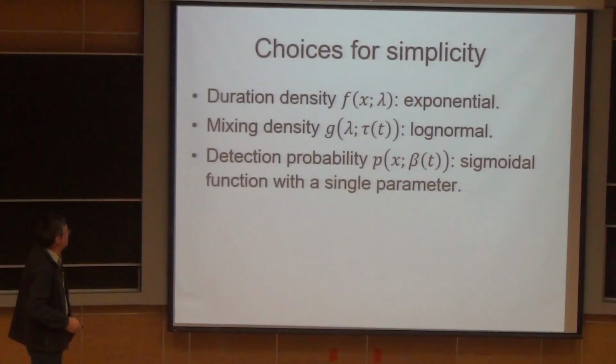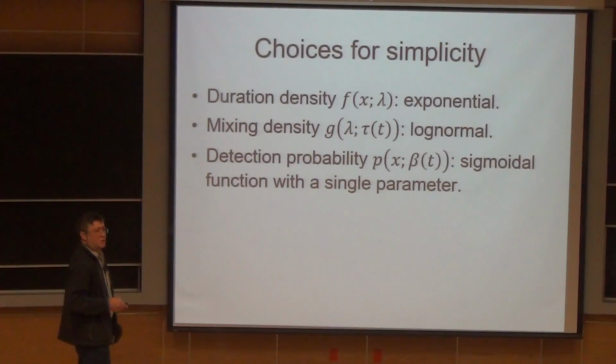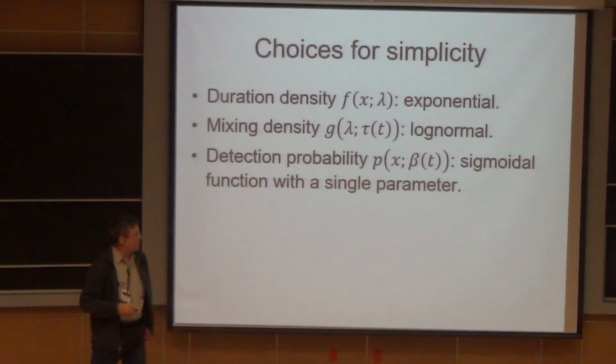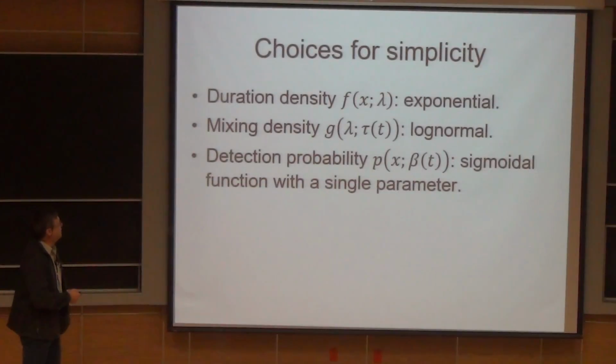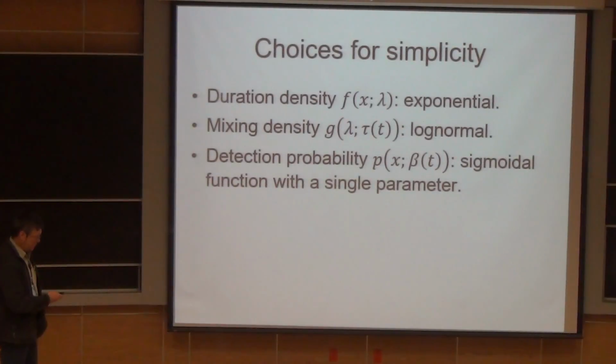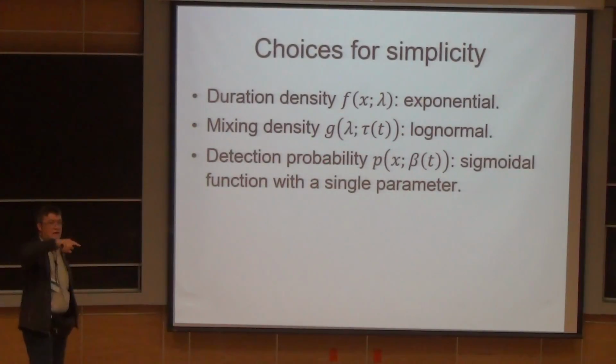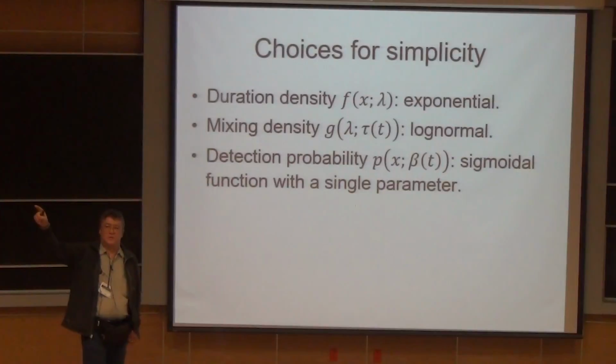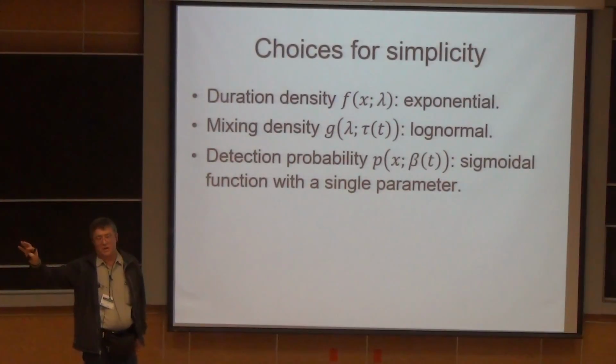And just to illustrate, we'll show you a very simple example. Suppose that the lifetimes are in reality exponential, that they're mixed with a log normal, and that the detection probability is an S-shaped function, which simply says the longer it lived, the greater probability it had of being found.